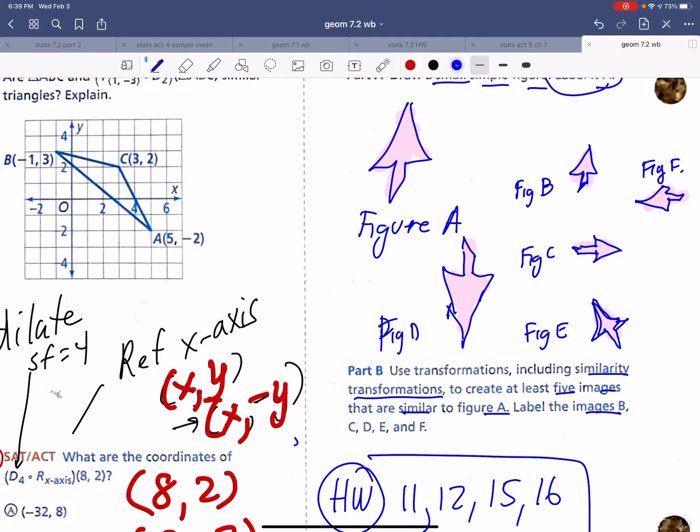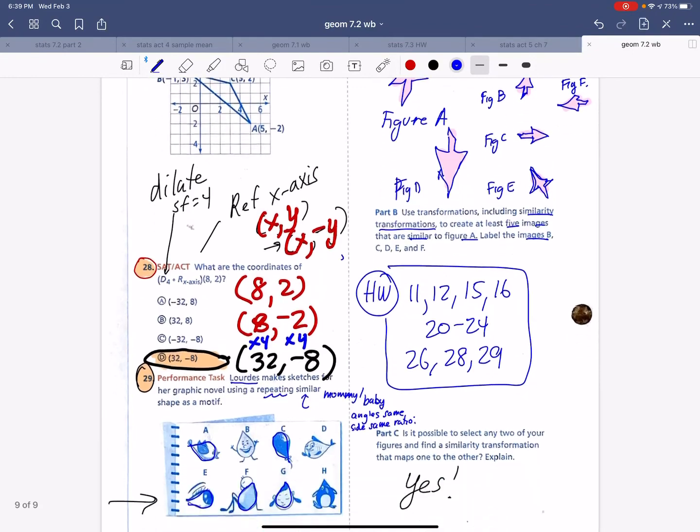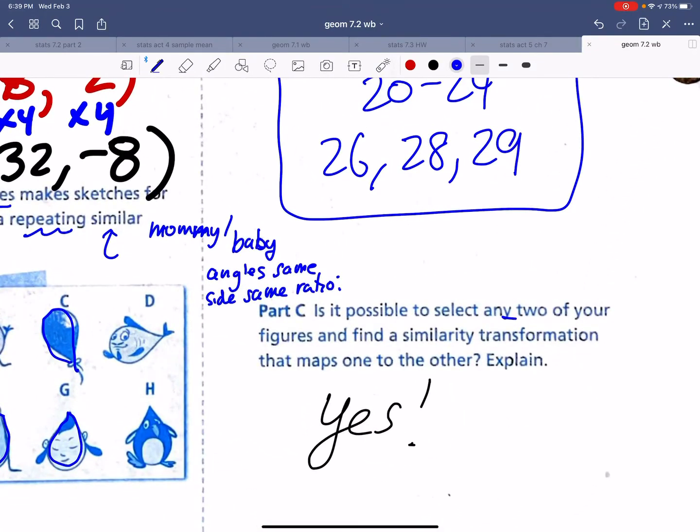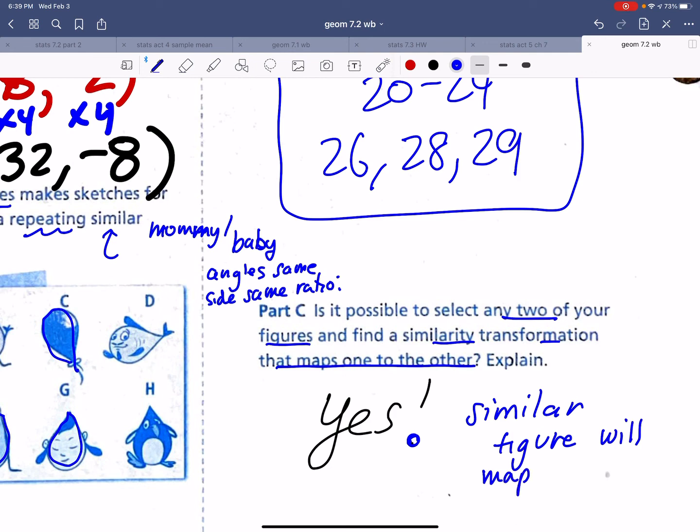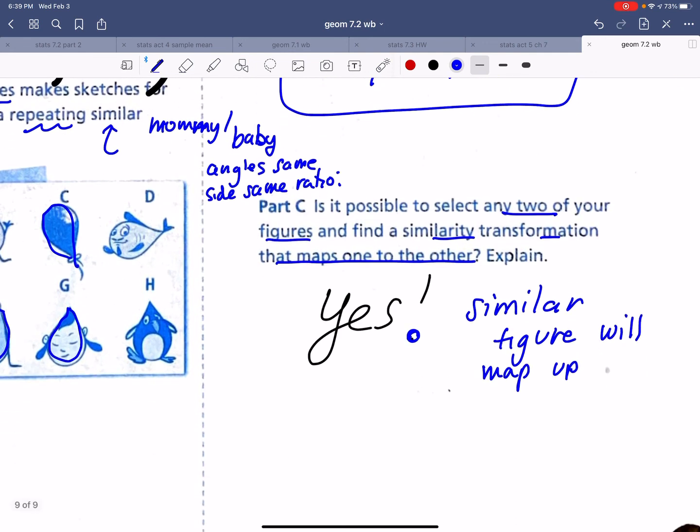Figure F. Now part C says, is it possible to select any 2 figures of similarity and map one on top of the other? And the answer is yes. Similar figures will map upon one another after you do combinations of transformations.